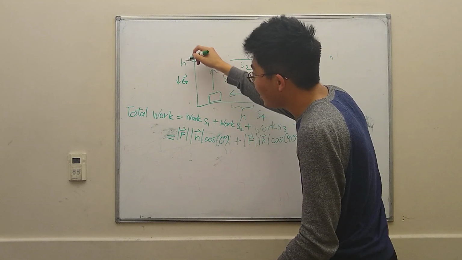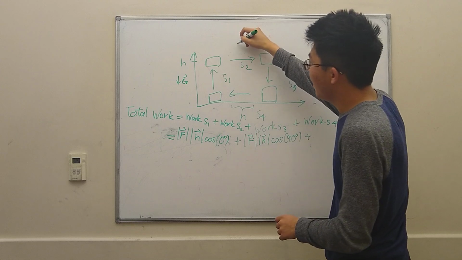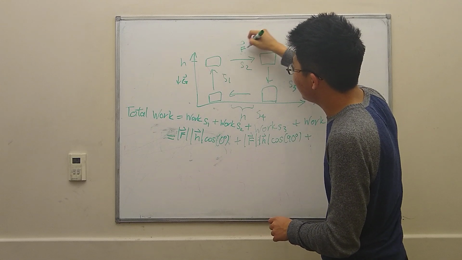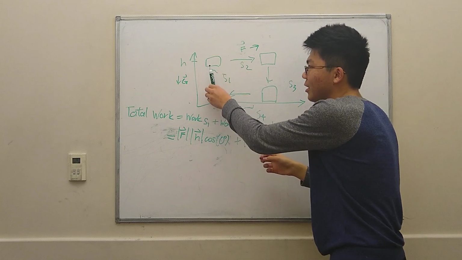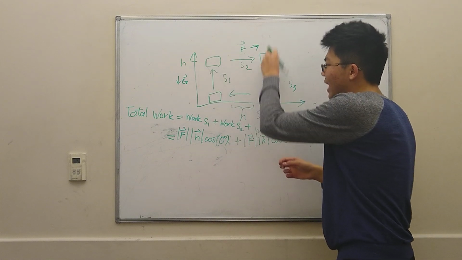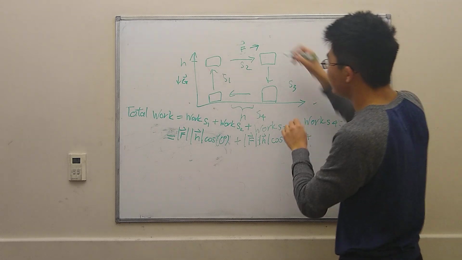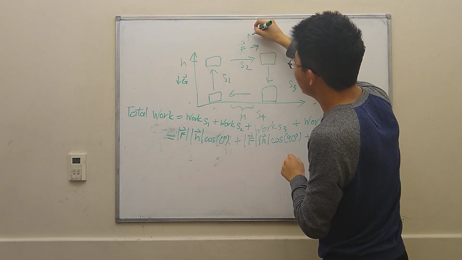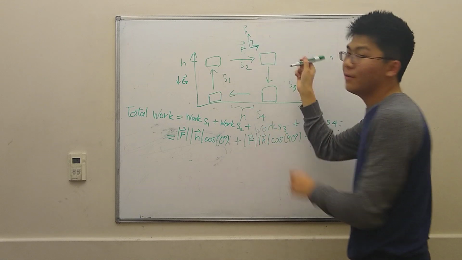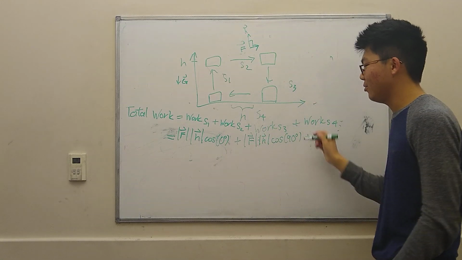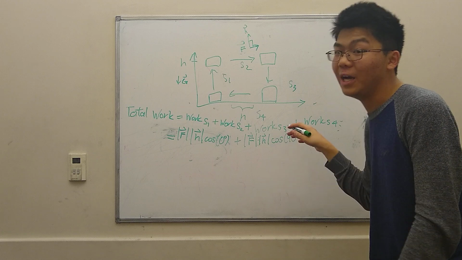So the vector h only points upward, but the force that we're applying goes this way. So in this case, the vector h and this force vector are 90 degrees apart. So I'm just going to do cosine of 90 degrees.